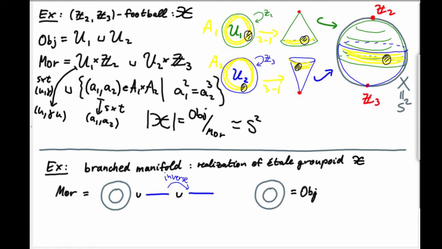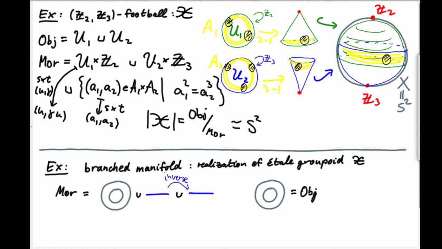I mean, I can find a lift here. It's just I'm also going to find other lifts. So there's going to be 2 here that go there and 3 here. But when I, for example, look at the source and target map together, these are going to be pairs of points here.